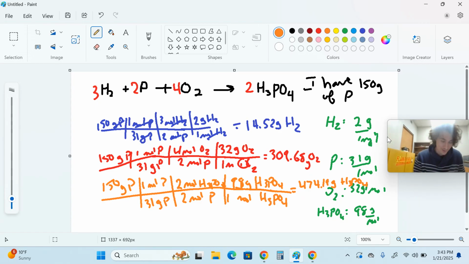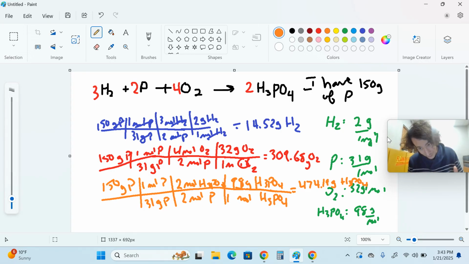Now here's the beautiful thing about this. You can check your answer. So how do you check it? The whole premise of stoichiometry is that mass cannot be created or destroyed, right? The law of conservation of mass basically says in any chemical reaction, I don't care which one it is, the number of grams on the reactant side has to be the same grams on the product side, because you can't destroy atoms and you can't make atoms.